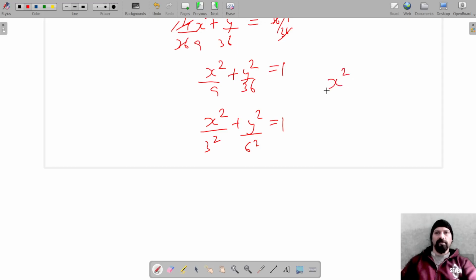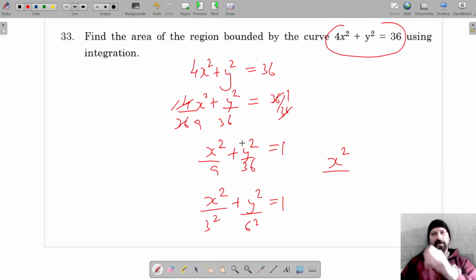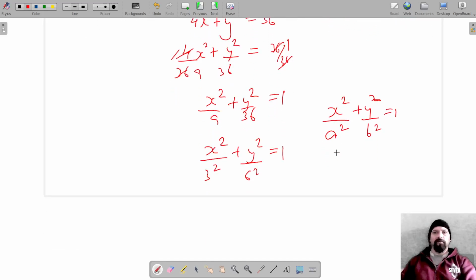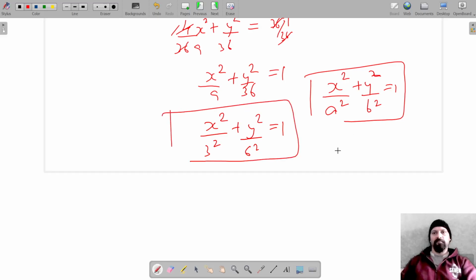So this is the equation of the ellipse, which is of the form x squared by a squared plus y squared by b squared is equal to 1. If we compare this with the standard equation of the ellipse, here b squared is greater than a squared.